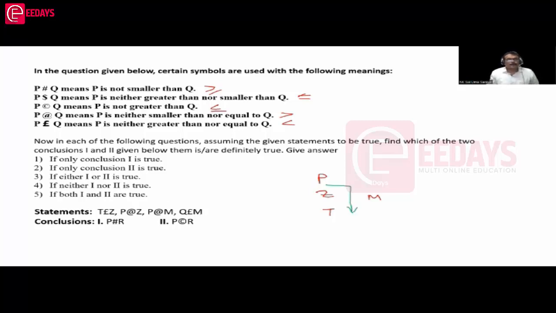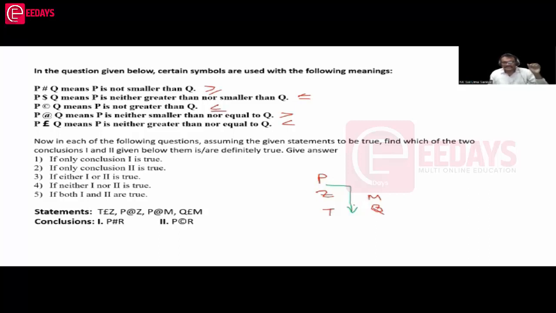Next, Q pound M, Q is less than M. Now, all are vertical lines. There is a vertical line between the P and Z. There is a vertical line between the Z and T. There is a vertical line between the M and Q. And there is a vertical line between the P and M also. That means there is a vertical line between the P and Q also.